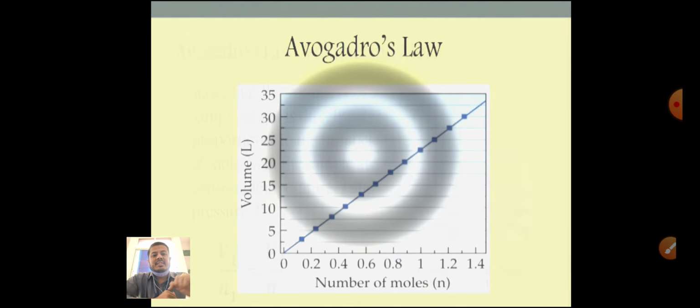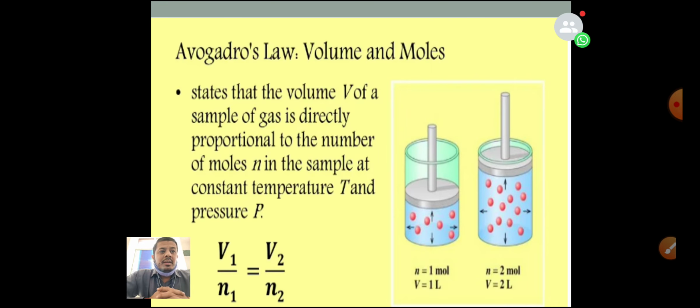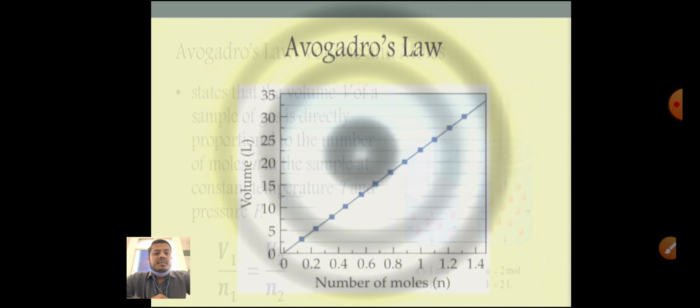Let's see this in detail. Avogadro's law states that the volume V of a sample of gas is directly proportional to the number of moles in the sample at constant temperature and pressure. Whenever temperature and pressure are kept constant, the number of moles is directly proportional to the volume of that particular gas.